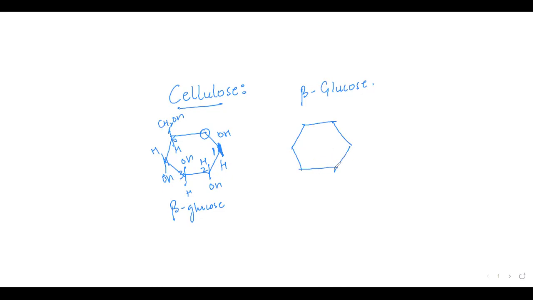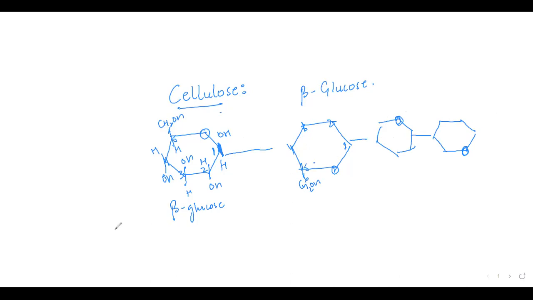We'll have an oxygen, we'll have CH2OH, and the numbering will start like this: carbon number 1, 2, 3, 4, 5, and 6. So in this way, an upright, then an inverted, then again an upright structure, and then again an inverted structure like this. When these join together, they form a linear chain of cellulose.